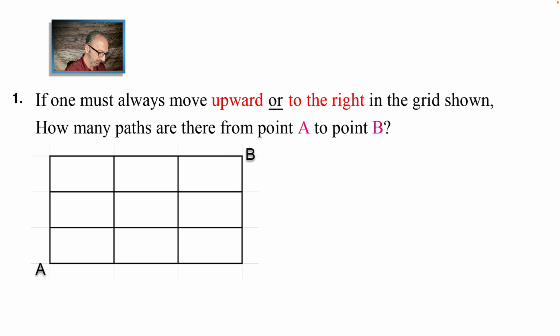To count them all, we need to use math, because math is all about patterns. Let's take a look. I'm going to use different colors. I'll use red for up, and I'll use blue for right. The first option that I showed you was up, up, up, then right, right, right.